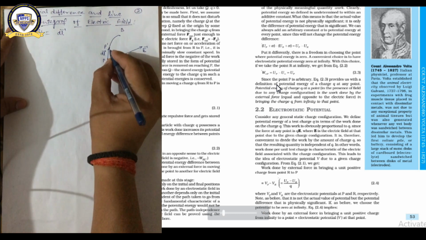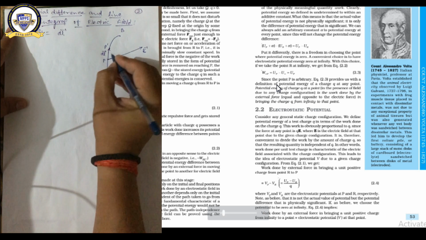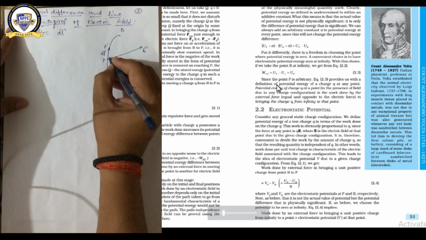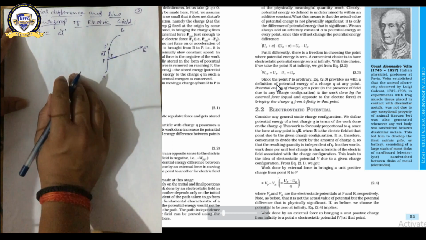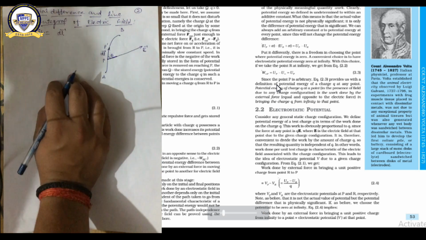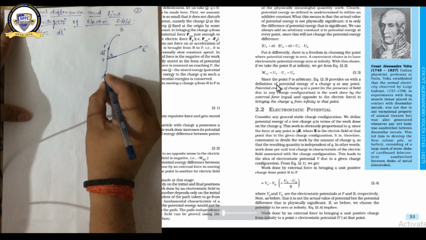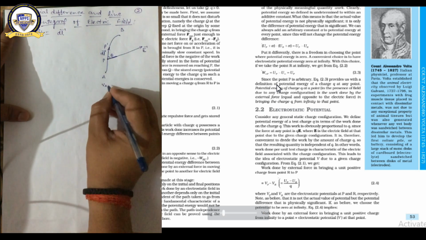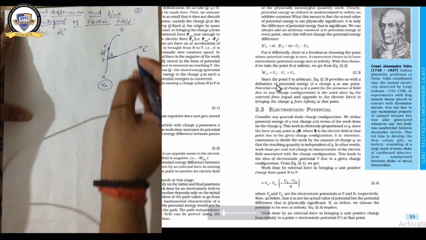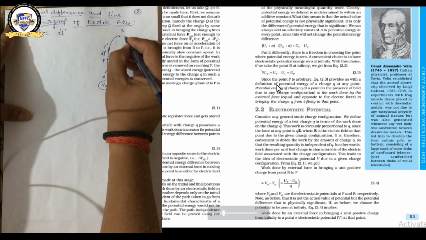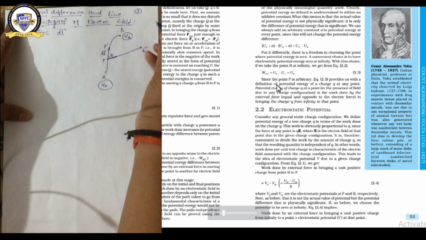Suppose that this line PP dash makes an angle theta with the electric field E. Suppose that the potential at the point A is VA and the potential at point B is VB.